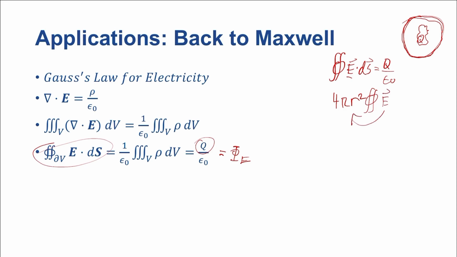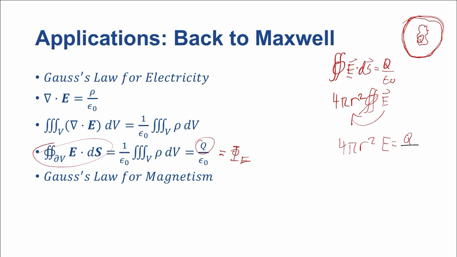So you pull it all out, and then the double integral goes away, so you get 4 pi r squared E equals Q over epsilon naught. And then you can continue on with this derivation. I may have missed a sign here, but no, I don't think so. I think this defines Coulomb's law, actually.